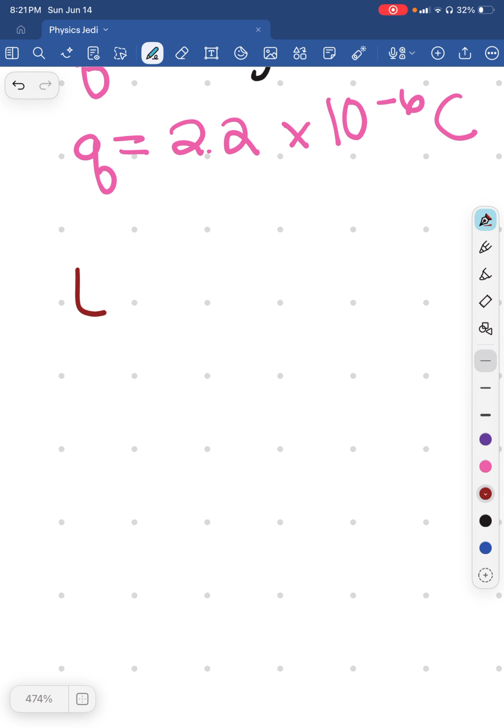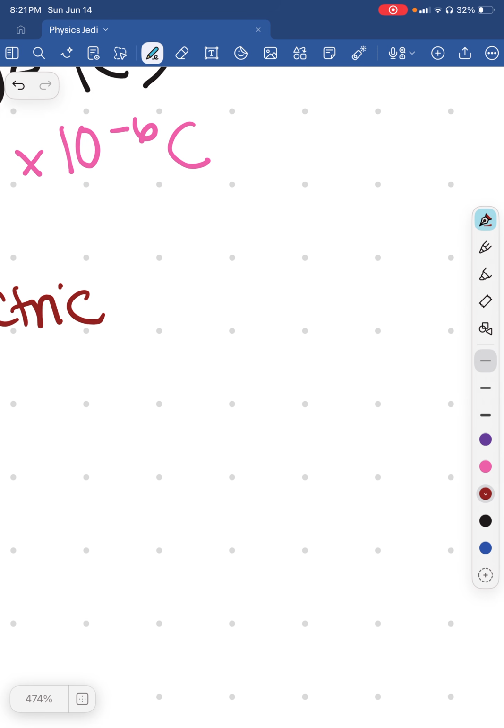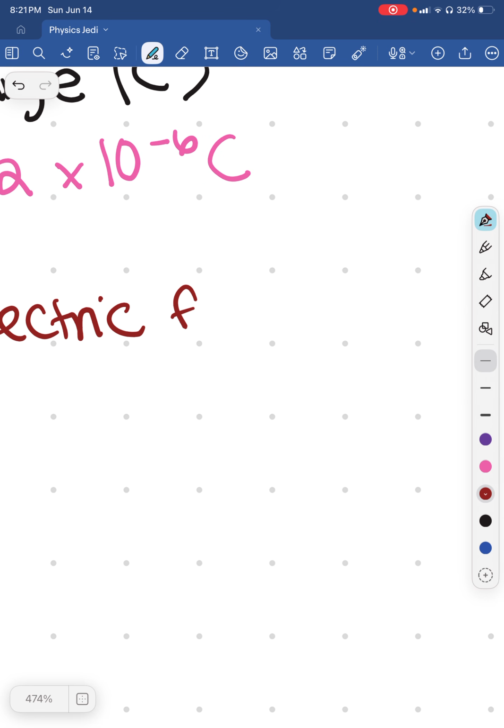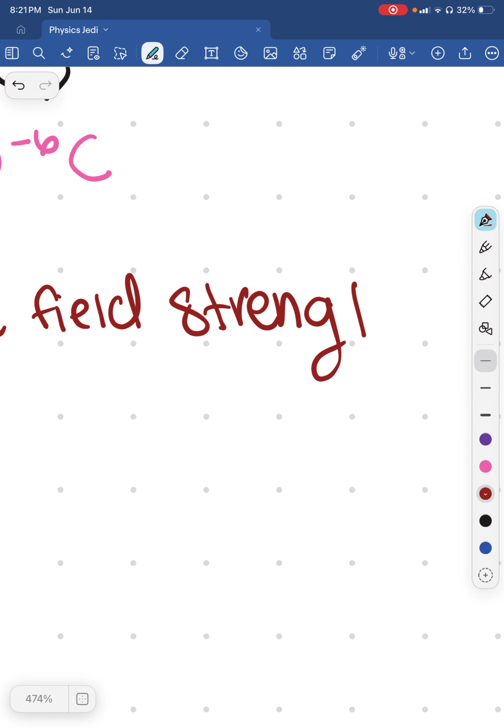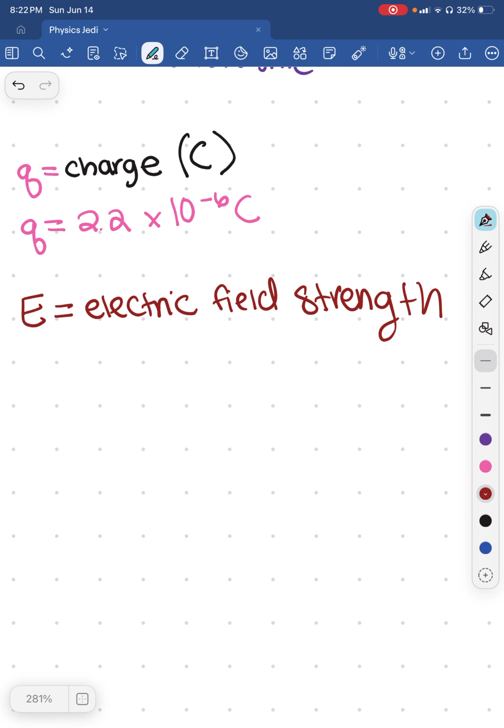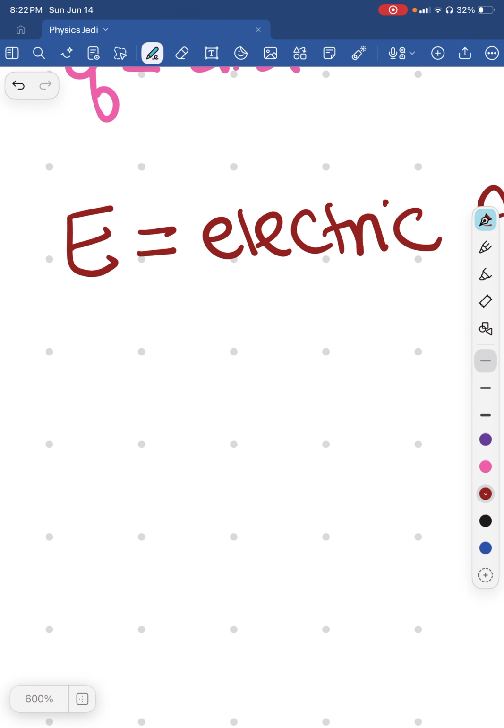Our variable E is going to represent the electric field strength. The electric field tells us the force experienced by this positive charge per unit charge.